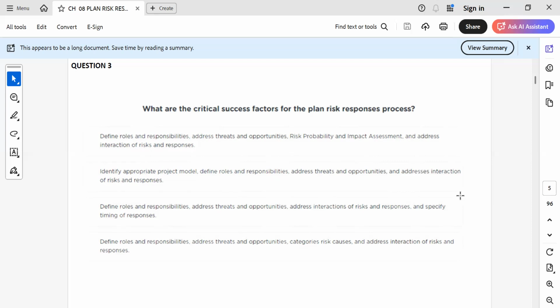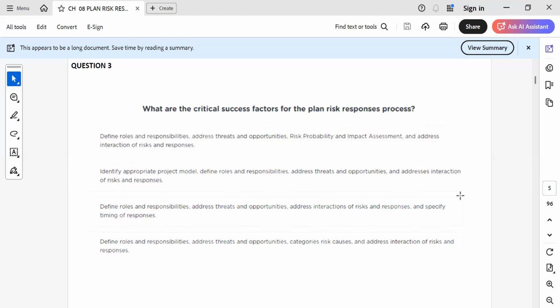Option C: Define roles and responsibilities, address threats and opportunities, address iterations of risk and responses, and specifying the timing of responses. Option D: Define roles and responsibilities, addressing the threats and opportunities, categorizing risk causes, and address interaction of risk and responses.